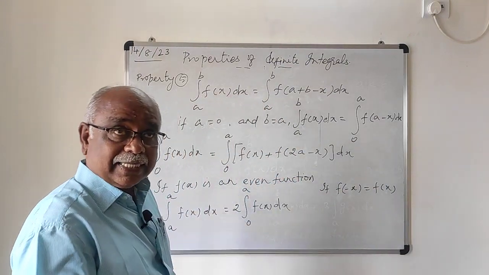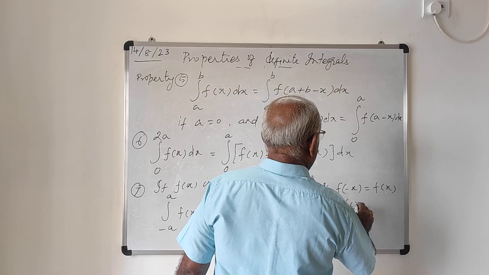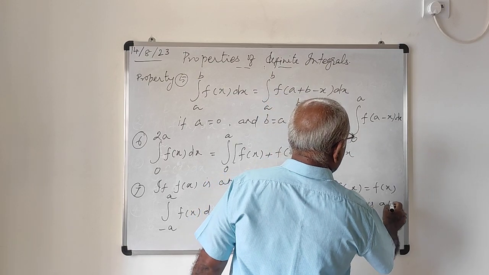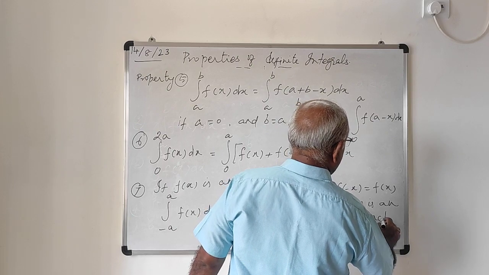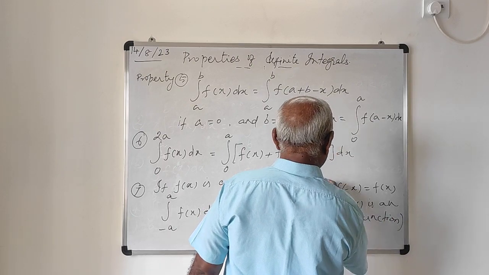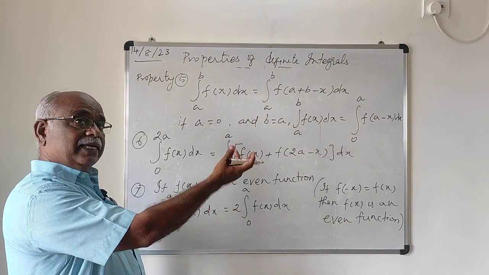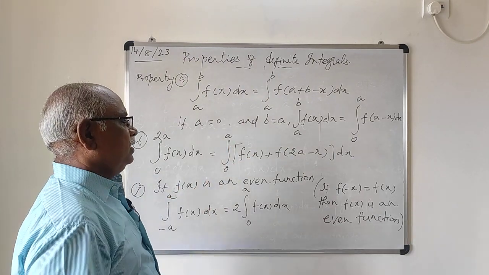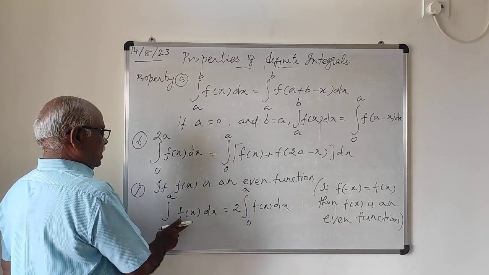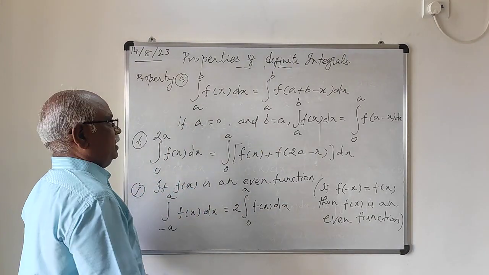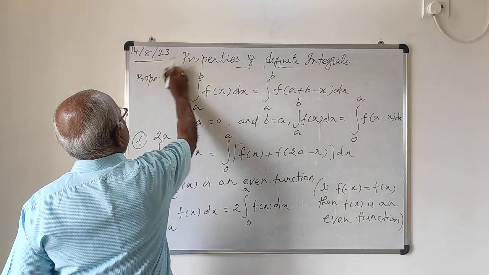If f of minus x is equal to f of x, then we say that f of x is an even function. This is the definition for an even function. If it is an even function, integral minus a to plus a f of x dx is two times integral 0 to a f of x dx. Suppose f of x is an odd function, that is property 8.